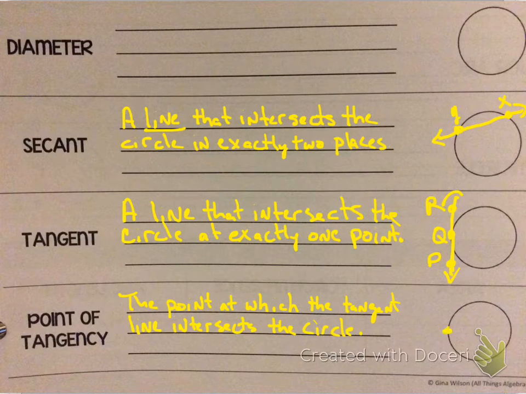Now, the point of tangency is this one right here, that point at which it intersects. Keep in mind there is a difference between a tangent and a point of tangency, so make sure you understand those two. Again, we're trying to introduce all these different ideas, so that you should hopefully be able to better understand these later on. And again, make sure to pause if you need to write these down before I move on.